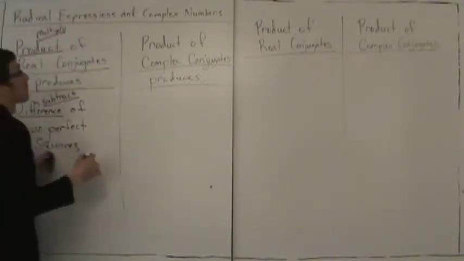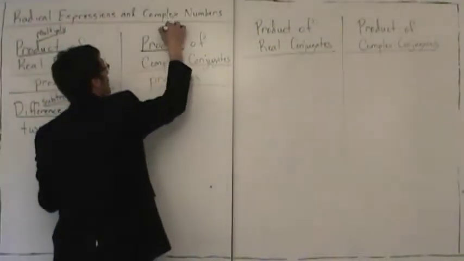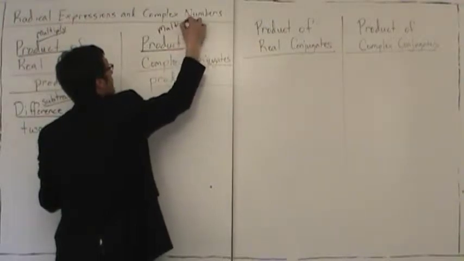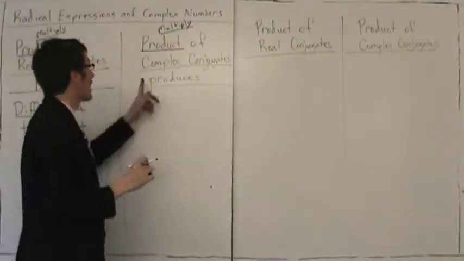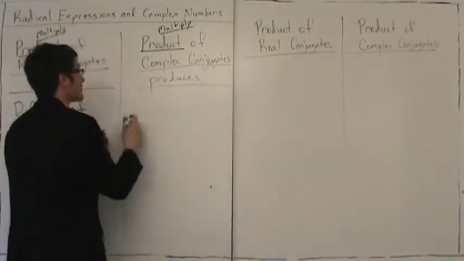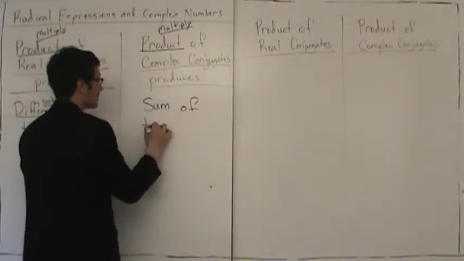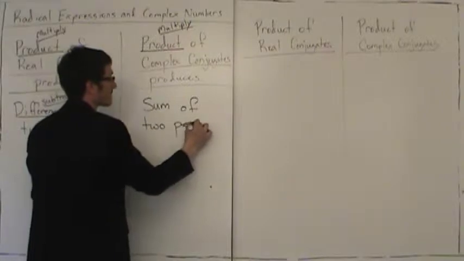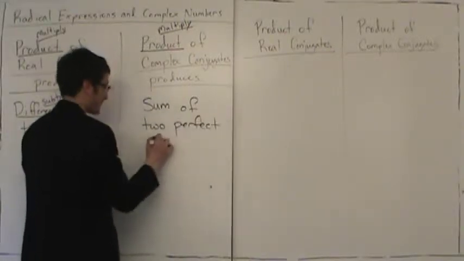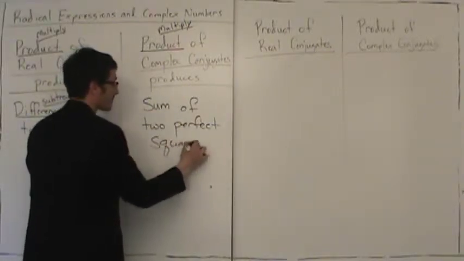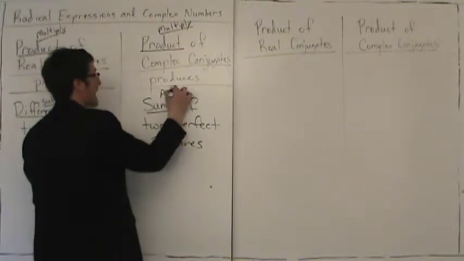Now, if we multiply complex conjugates, this produces a sum of two perfect squares. What does sum mean? Sum means add.